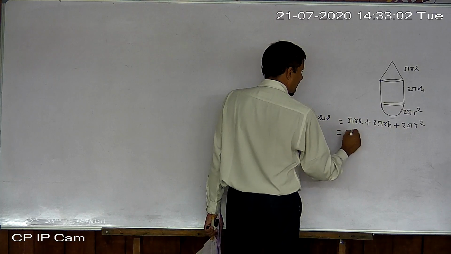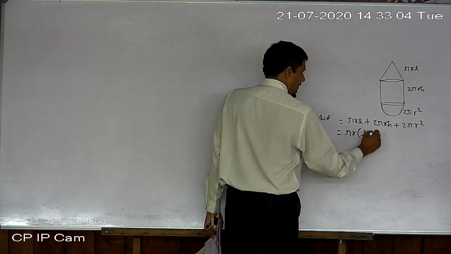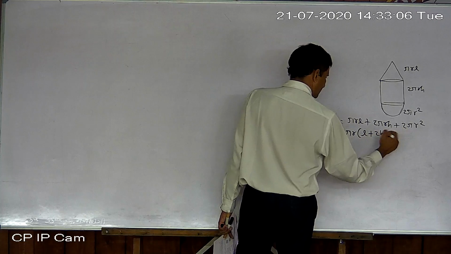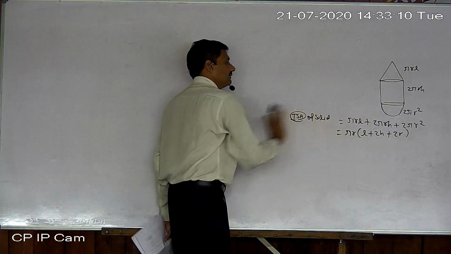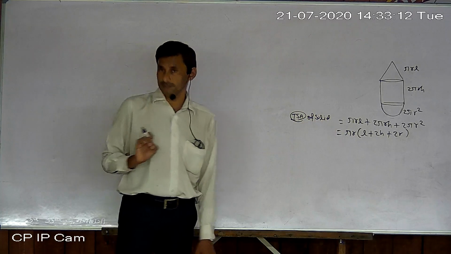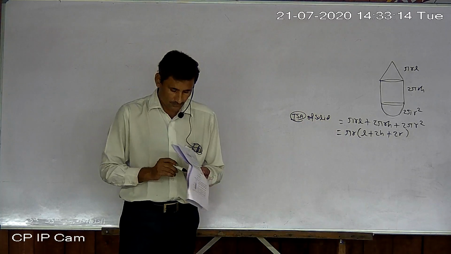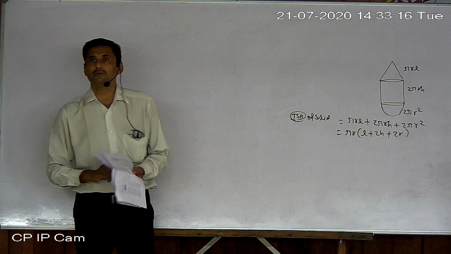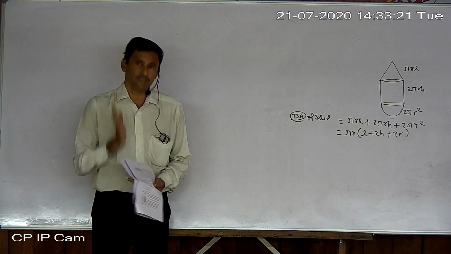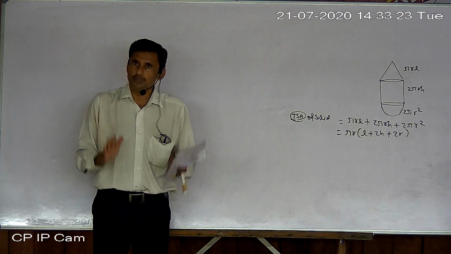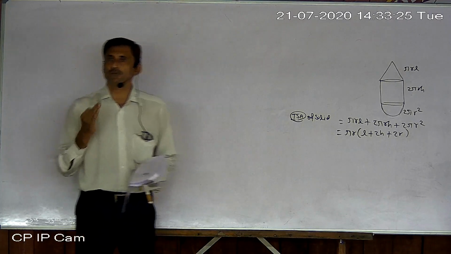So can you take pi r common here? So it becomes pi r (L plus 2S plus 2R). Now you can place values so that it becomes easier. Most of our values will be in fraction form. Don't keep them in decimal form, but convert them into the simplest fraction.